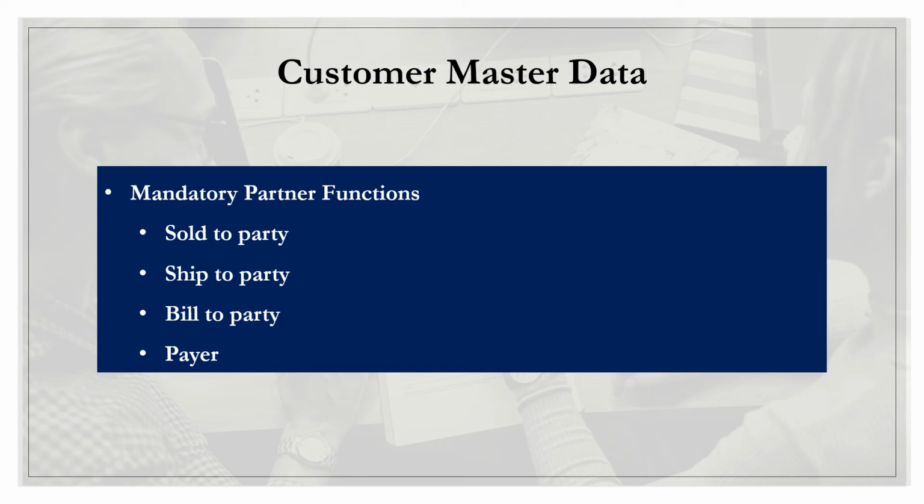And then, of course, bill to party can be either the accounting department or maybe somebody within the shipping, or maybe the one who placed an order, or maybe an entirely different person who just receives the invoices.